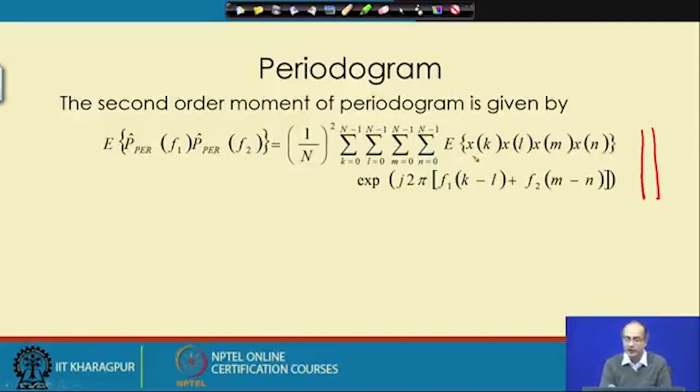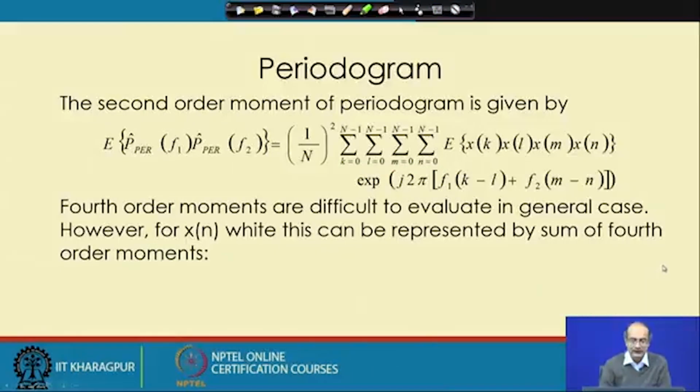So, here we have 4 terms of x and thereby 4 indices of summation, and in the same way we have 4 indices in the exponential term also. Okay. So, it becomes a little more complicated and we are unable to actually evaluate it in a general form. We cannot take it forward in that way.